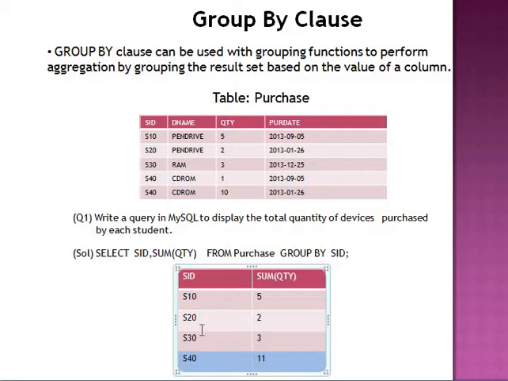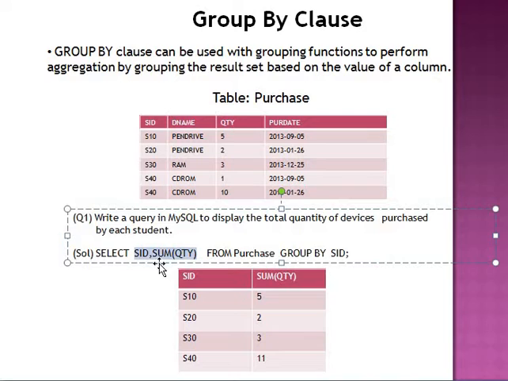Now other than these SID entries, that is S10, S20, S30 and S40, there are no more SID entries in the table purchase. So as of now, on executing this query, I am going to see this particular output.